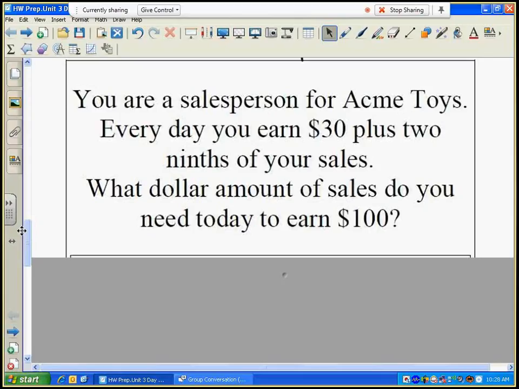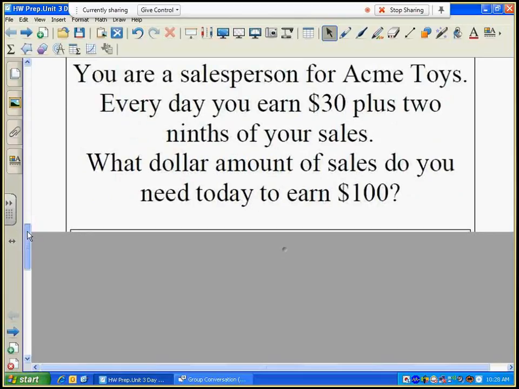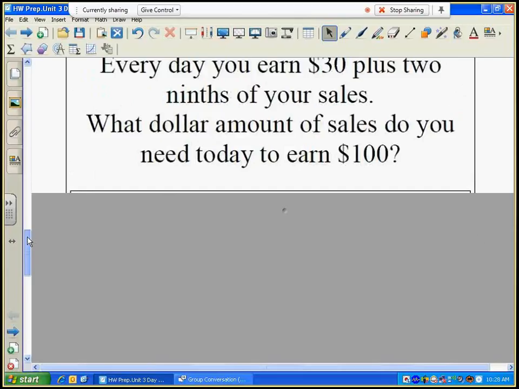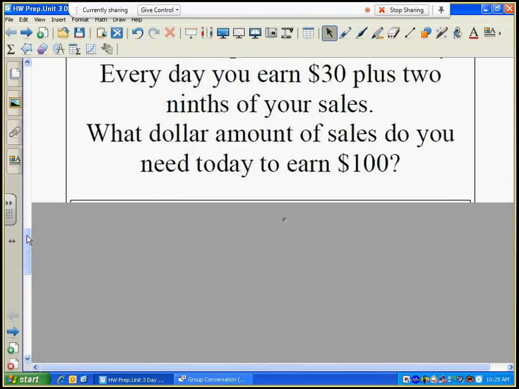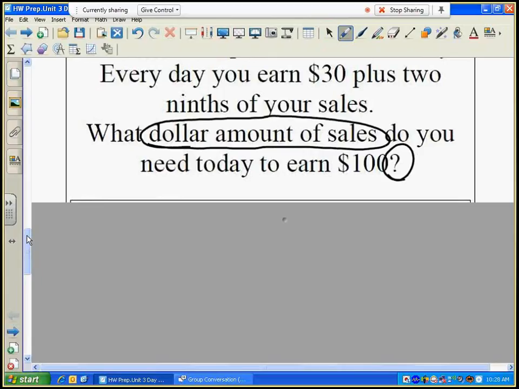Okay, let's find that question mark or find the word find. Okay, there is the question mark. So go back, it says what dollar amount of sales. That's what it's asking us for. That is our variable.